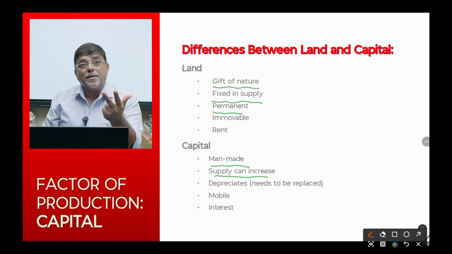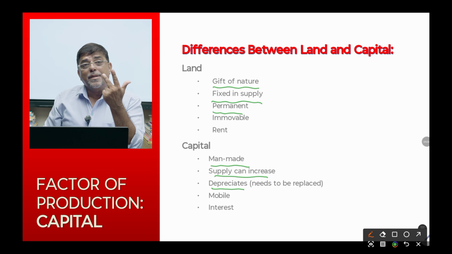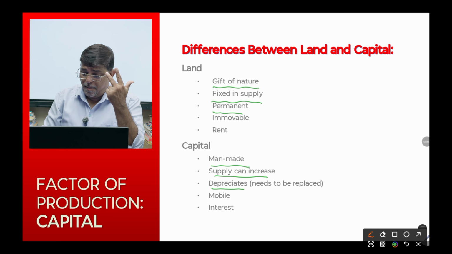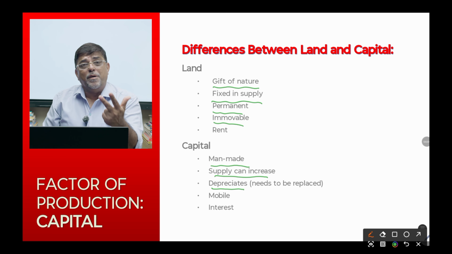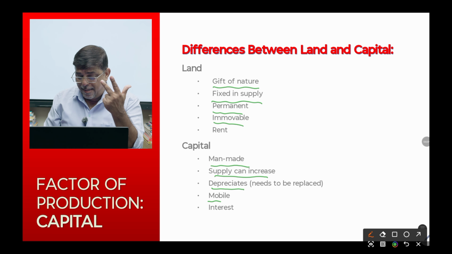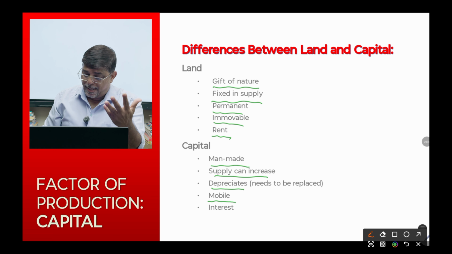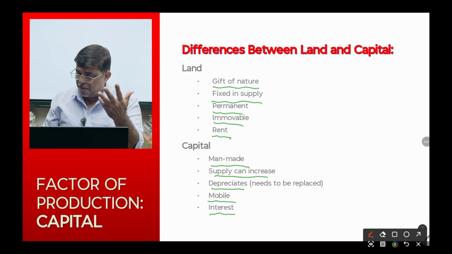Land is permanent, whereas capital depreciates with time, and that's why it needs a replacement. Land is immovable, whereas capital is movable, mobile. The reward for land is rent, whereas the reward for capital is interest.